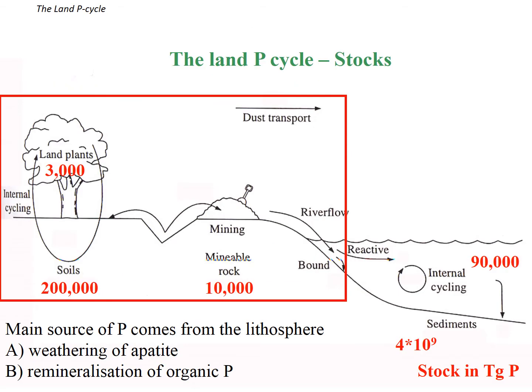Okay, so these are just descriptions of those kinds of stocks. You can see the largest stock down here is 4 times 10 to the 9 teragrams of phosphorus. So that's a huge stock in sediments. We have some in land plants, some in soils. We've got mining. Our activity is producing basically ground up bits of rock, so that's a source of phosphorus.